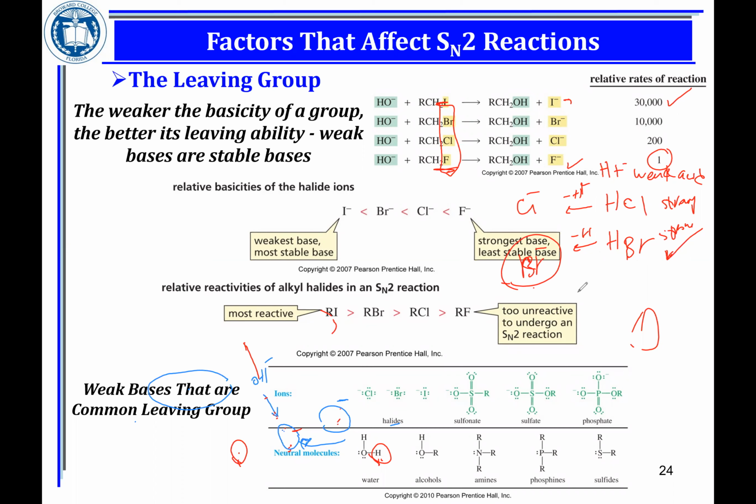A weak base is more relaxed, so more stable on its own. The other factor that we talked about earlier is the size of Br compared to Cl. Br is larger than Cl, a better leaving group, more stable on its own. So in that scenario, HI will be the strongest out of all of them. HI is the strongest acid, I- is the weakest base, and I- is the best leaving group.